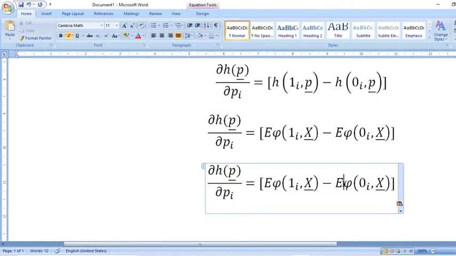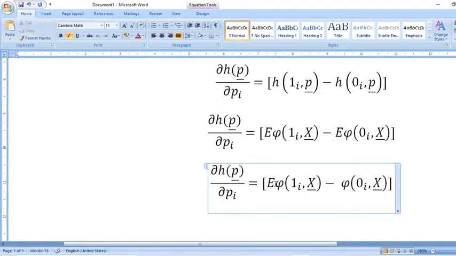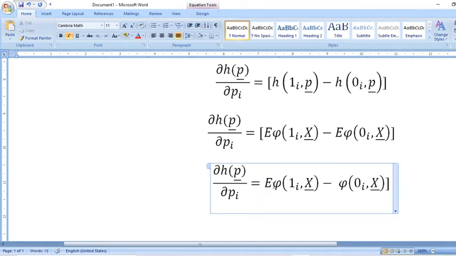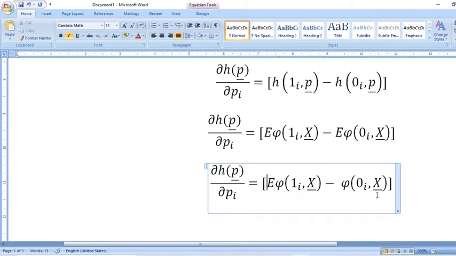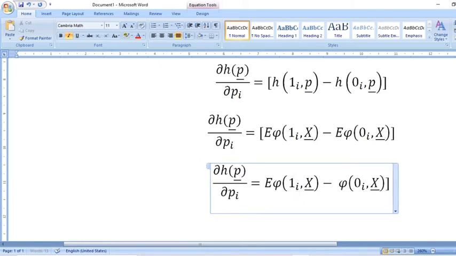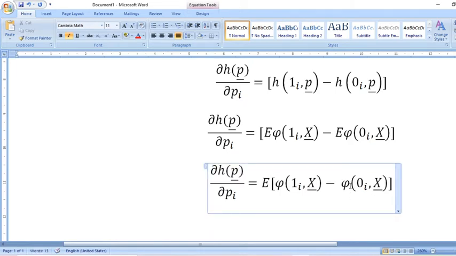So we can replace like this, and since phi is coherent, phi will be increasing.